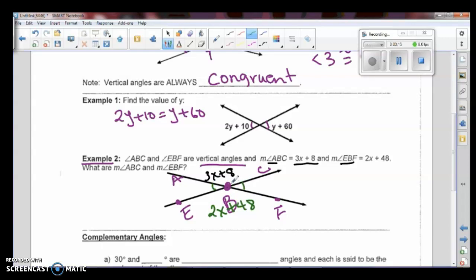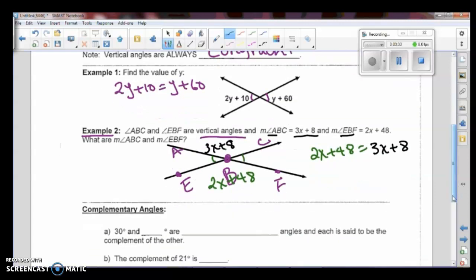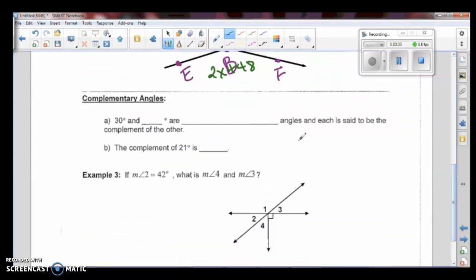Those angles are congruent, so let's just go ahead and set those bad boys equal to each other. 2x plus 48 equals 3x plus 8. Excellent. And again, you can solve that algebra equation on your own. I'm not going to take up video time making you watch that. You can pause it and solve.